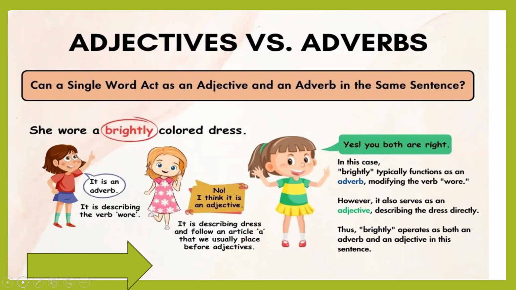However, it also serves as an adjective describing the dress directly. Thus, brightly operates as both an adverb and an adjective in this sentence. So we can use a single word which can act as an adjective and adverb in the same sentence, as we have looked at in this example.